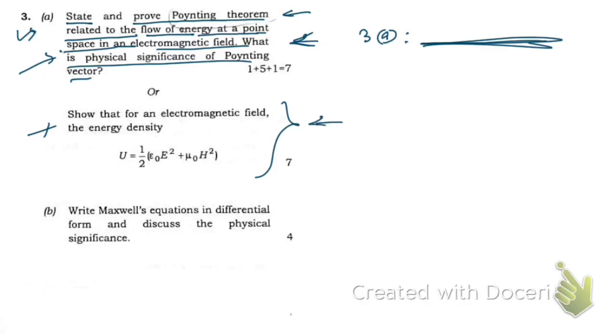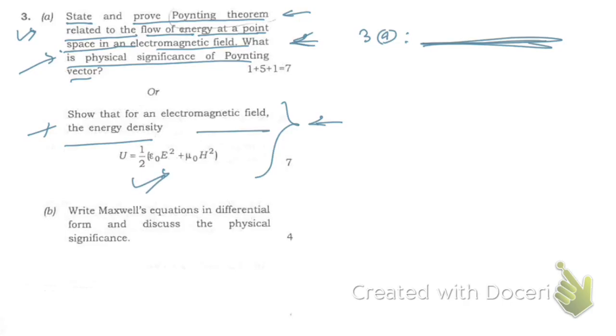For an electromagnetic field, the energy density is given by this expression. Let me show you how to solve this. Question number 3A, or. So energy density in the electromagnetic field.